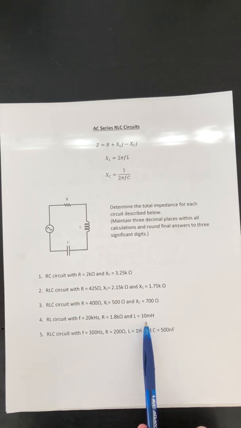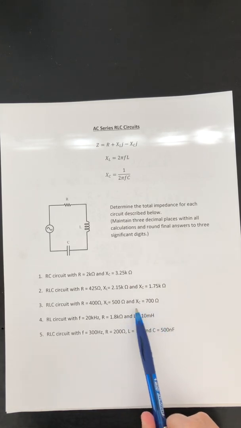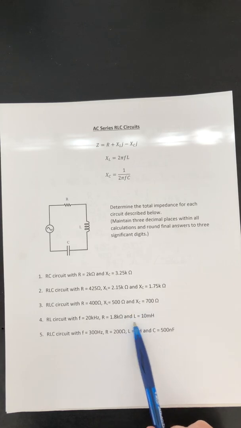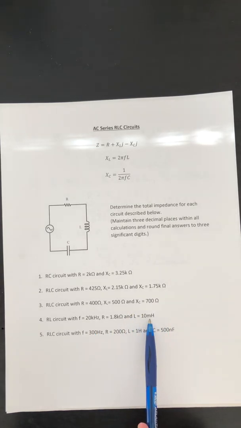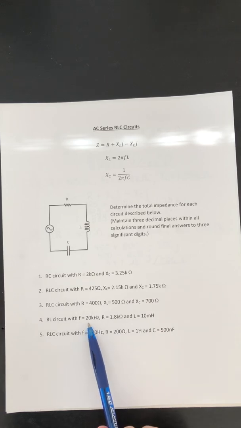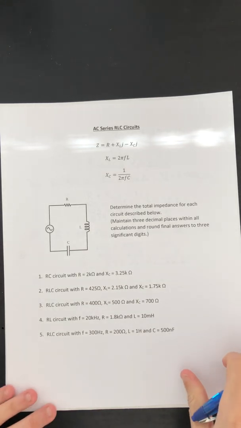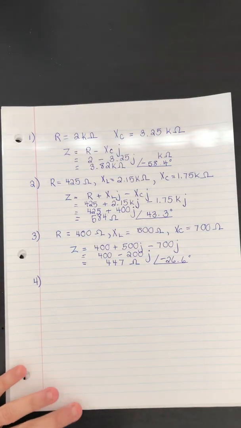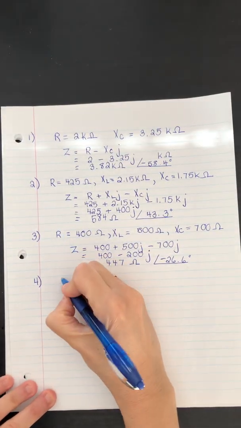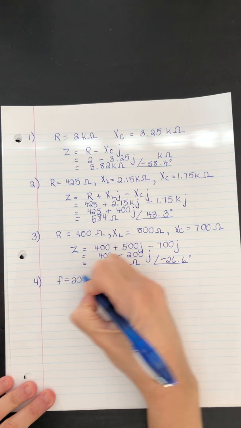Okay, so the key is that in this problem, we are given inductance itself, not the inductive reactance. So this means we will use that inductance along with that frequency to first get our inductive reactance in ohms. Okay, so let's go through that together. So we'll take note of all of the given quantities.